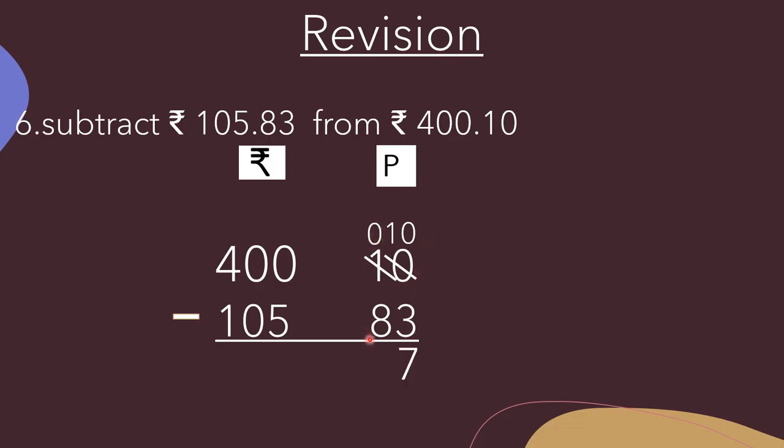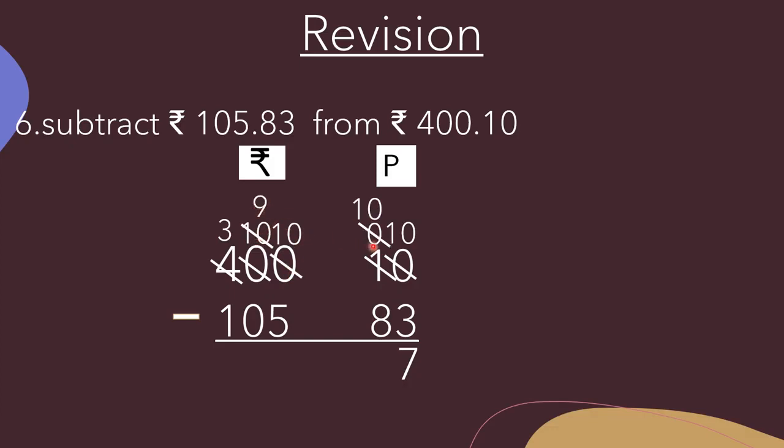Now 0 minus 8, that is not possible. So this 0 will take borrow. But here this 0 is given. So first of all, the left most 0 will take borrow and it will become 10. Okay, and this 4 will become 3. Now this 10 can give borrow and this 0 will become 10 and this 10 will become 9.